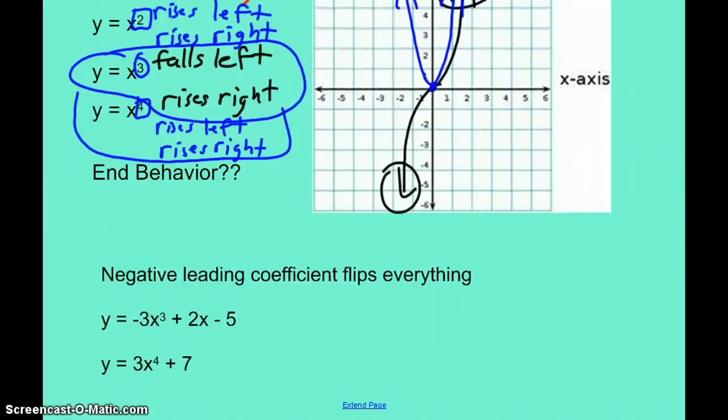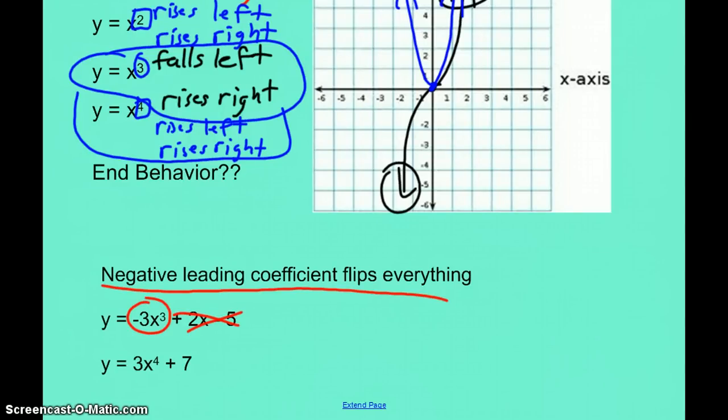And we've done enough graphs that it should make sense that if you put a negative number in front, it's going to flip your graph upside down. So if you were asked for the end behavior of these two functions I have at the bottom of the screen, y equals negative 3x cubed plus 2x minus 5, we don't care about the rest of this.